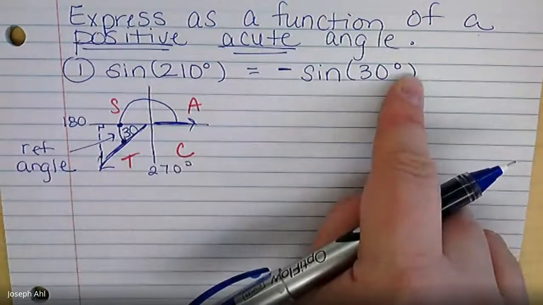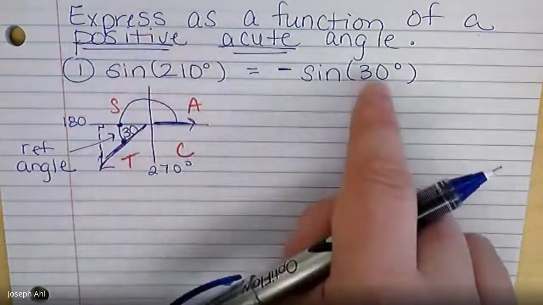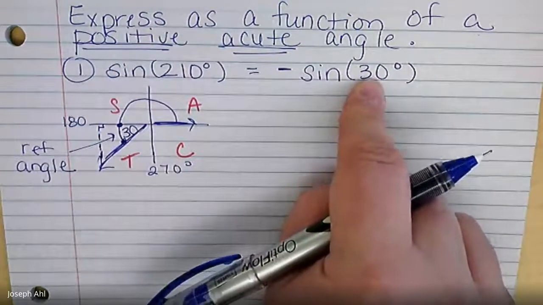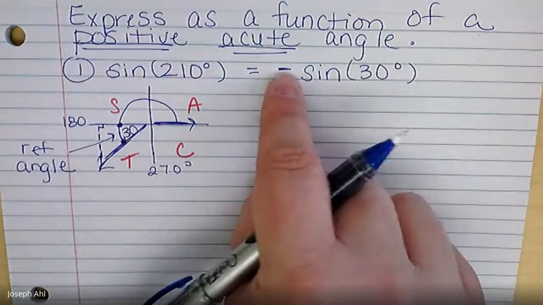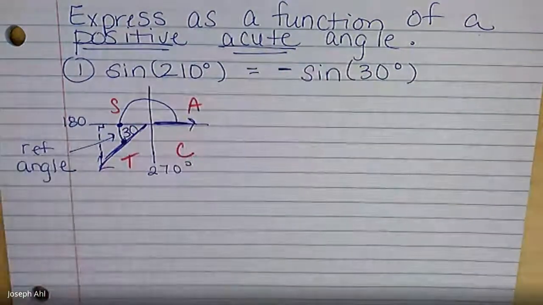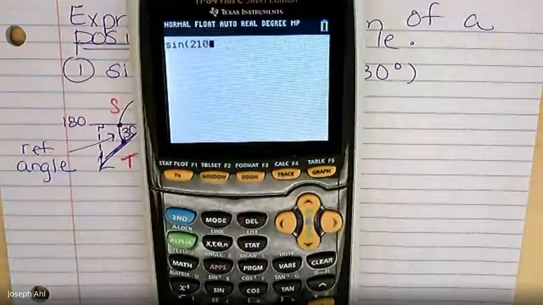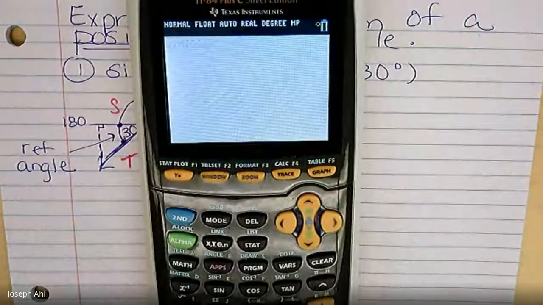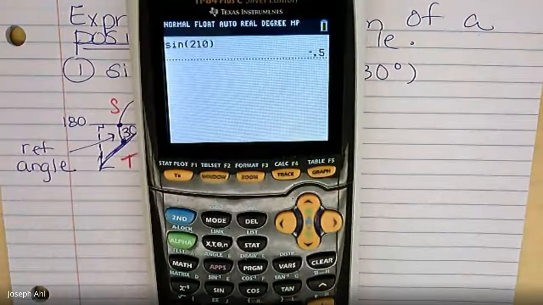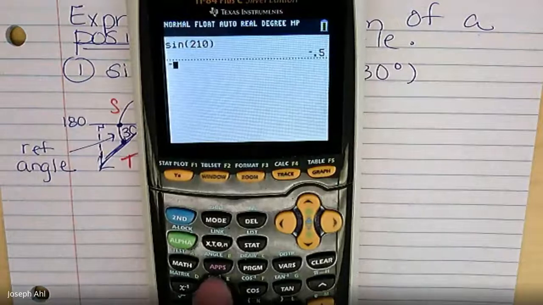Now, when I say a positive acute angle, it means the angle on the inside has to be positive. But because we're in quadrant 3, you have to negate the outside of this function to make this a true statement. And if you don't believe me, let's check it out. Ready? Sine of 210 actually has quite a nice value. This doesn't always happen. It's negative a half. If you were to type in negative sine of 30, guess what you're going to get?